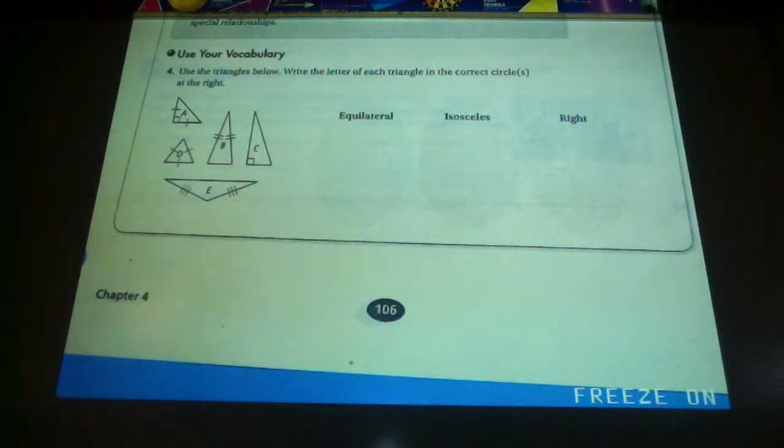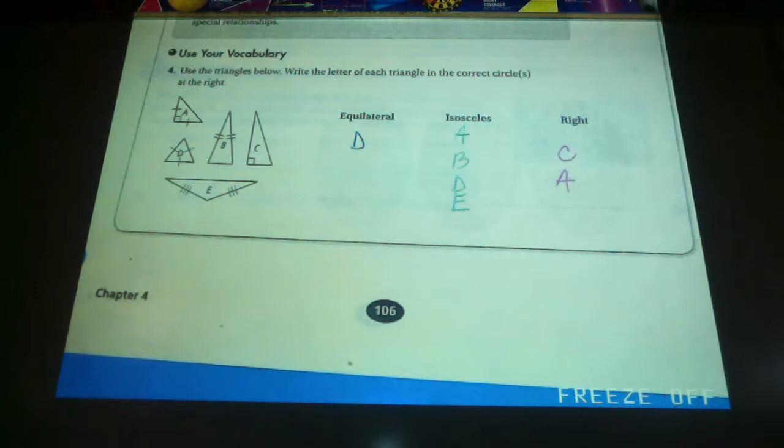Compare your answers with those around you. Are you ready?